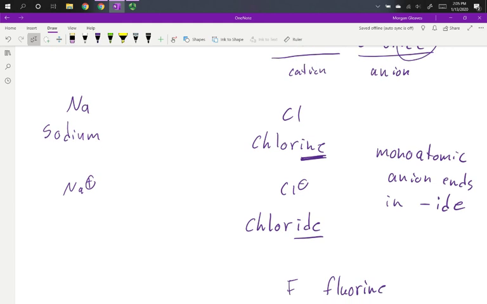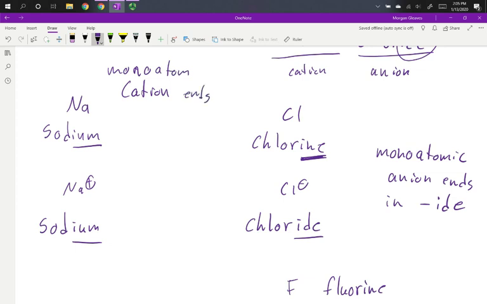In terms of cations, we started with sodium for the pure metal, and if I want the plus, I replace IUM with IUM. Yes, they are identical. Technically, the monoatomic cation, so one atom cation, ends in IUM.